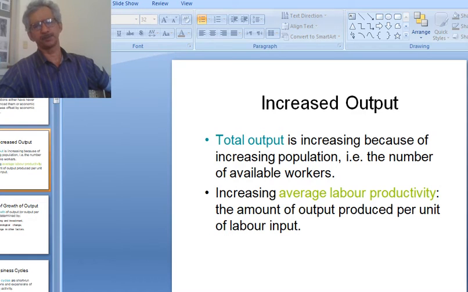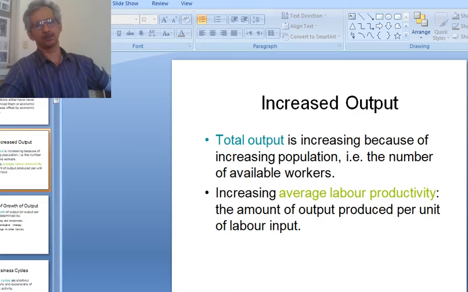Another factor why the output of any country is increasing is average labor productivity, which means per worker productivity. When we compare how much a worker is producing now compared to the same worker's production yesterday, if the worker is producing more than yesterday's output, we say the worker's productivity has increased.